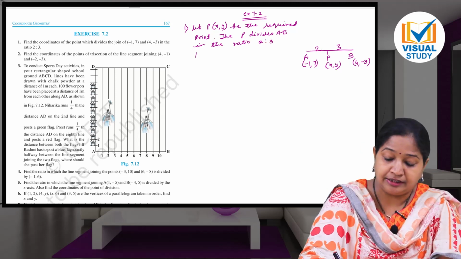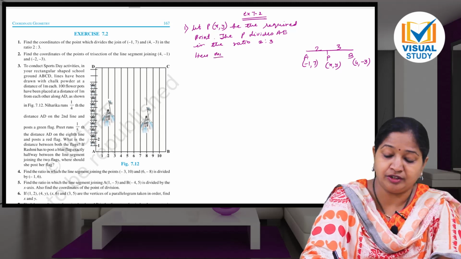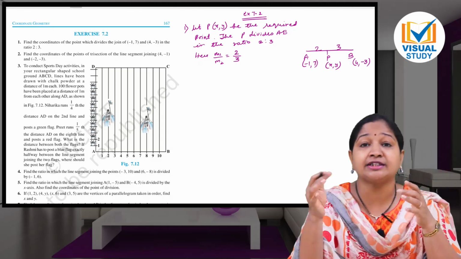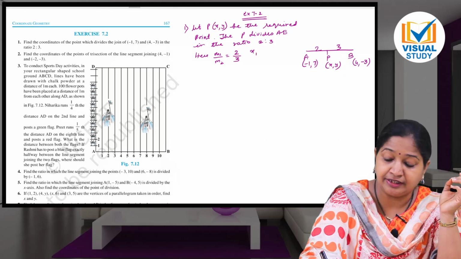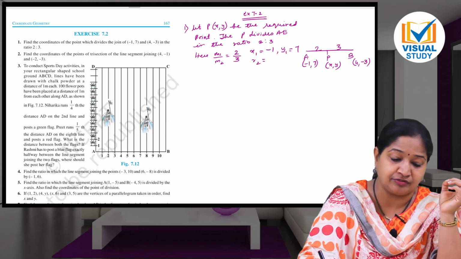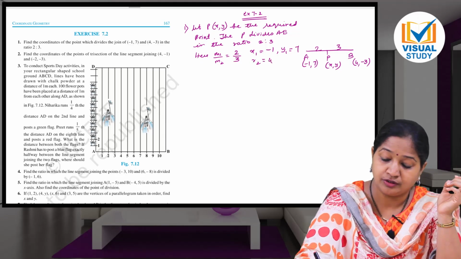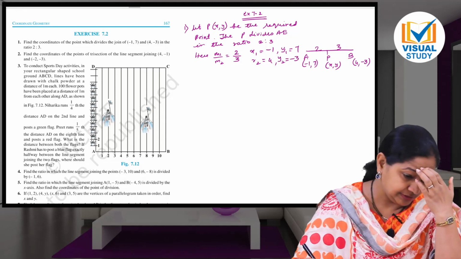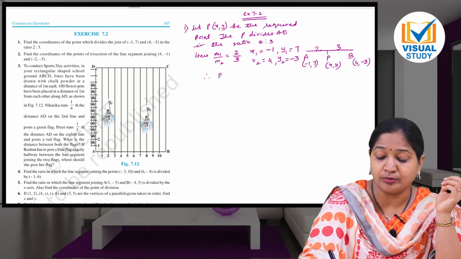And here M1 upon M2 is equal to 2 upon 3. You have to write x1, x2 also. x1 is equal to -1, y1 is equal to 7, x2 is equal to 4 and y2 is equal to -3. So by section formula, we just substitute the values.